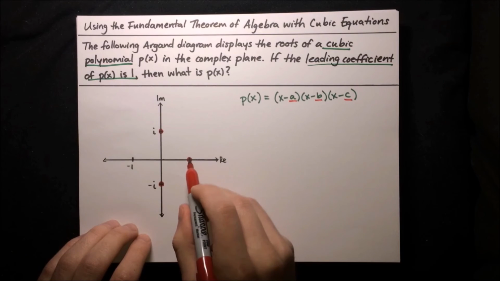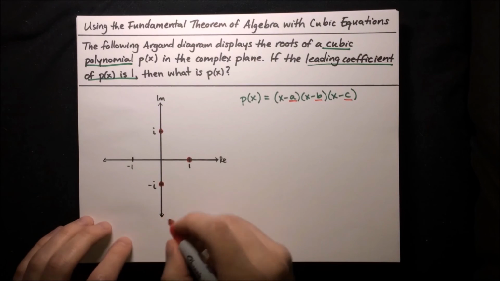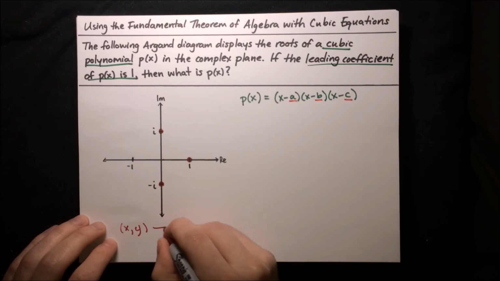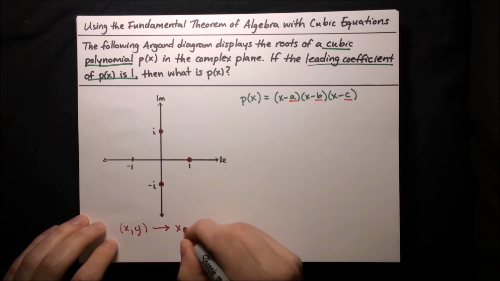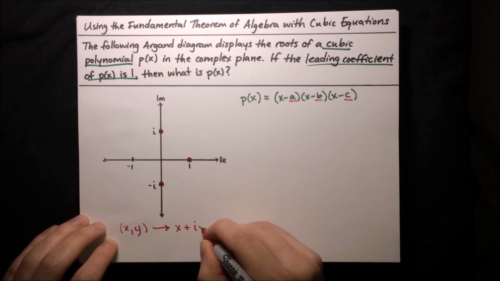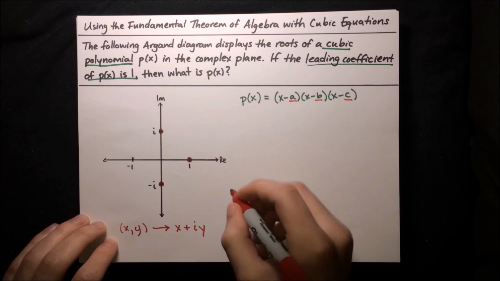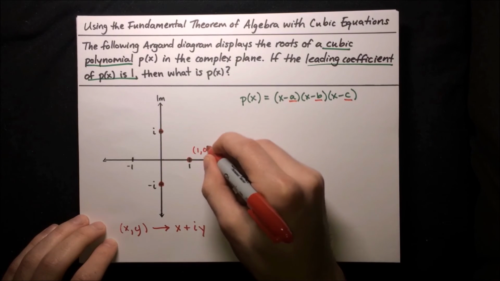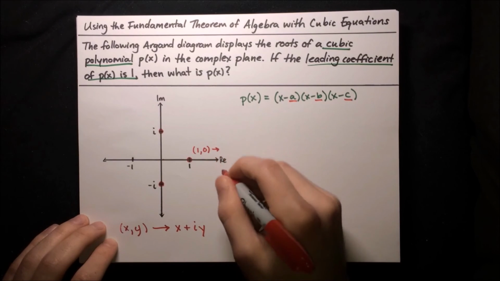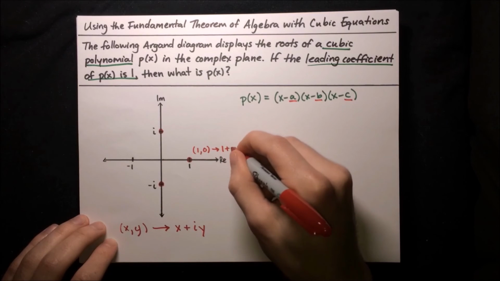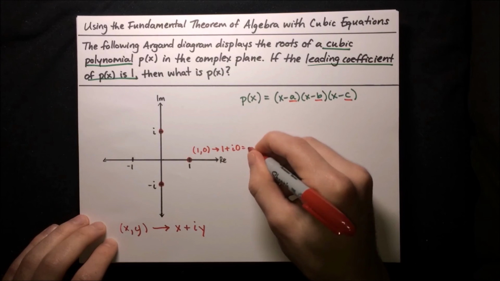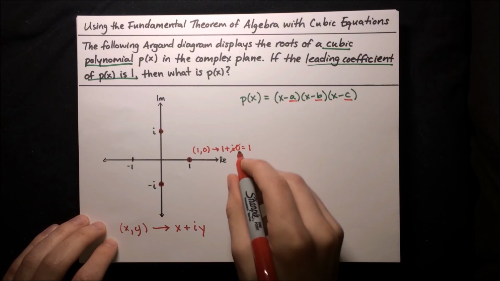So each point (x, y) corresponds to a complex number x plus iy. So let's go ahead and label the points. This is the point (1, 0), so that corresponds to the complex number 1 plus i times 0, which is just 1, because 0i cancels out.